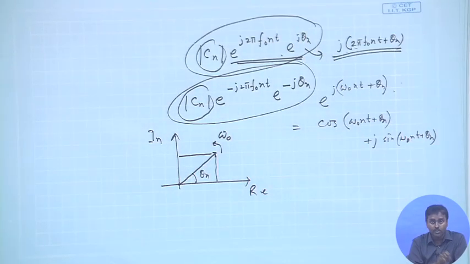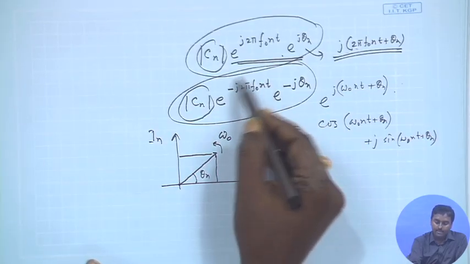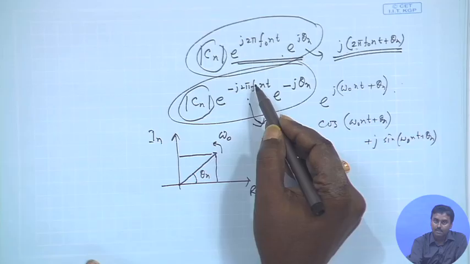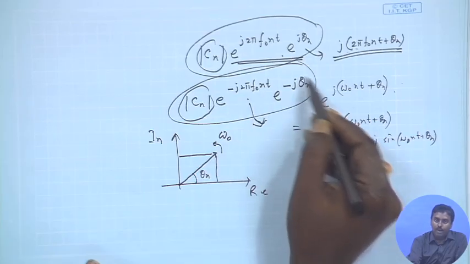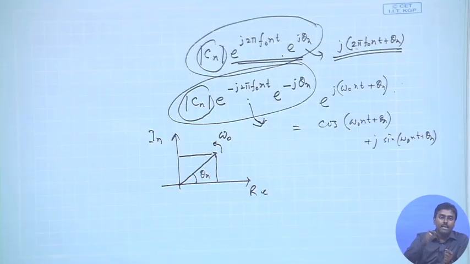Now, what we also know is that in our Fourier series representation, there was a positive frequency and a negative frequency. How does that negative frequency look? Negative frequency has the representation minus j 2 pi f0 nt plus theta n.